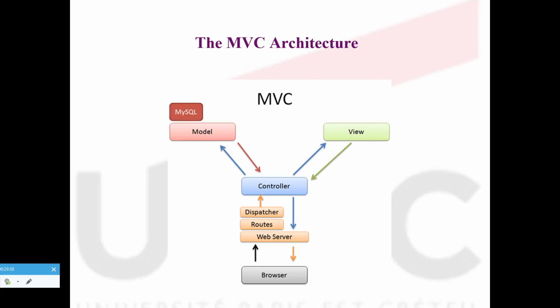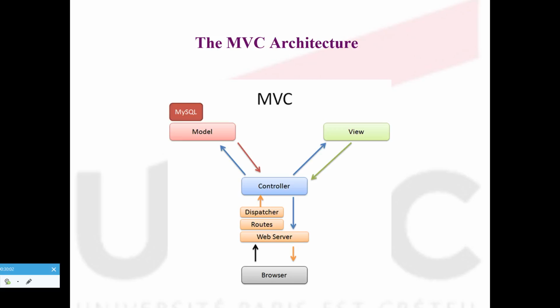The controller provides the flow between models and views. Controllers are responsible for processing the incoming requests from the web, interrogating the model for data, and passing the data on to the view for presentation. So this was a little bit about the MVC architecture.